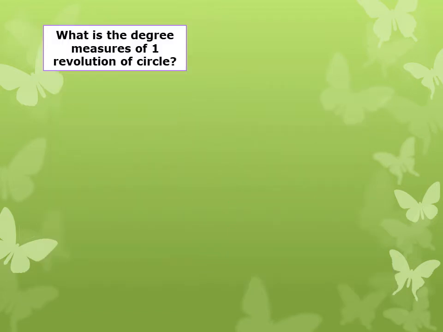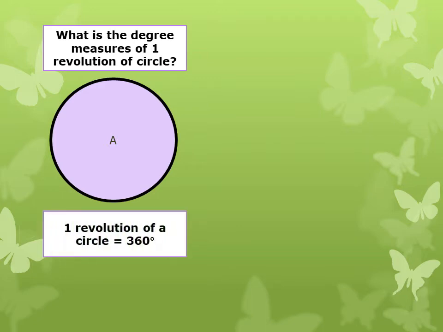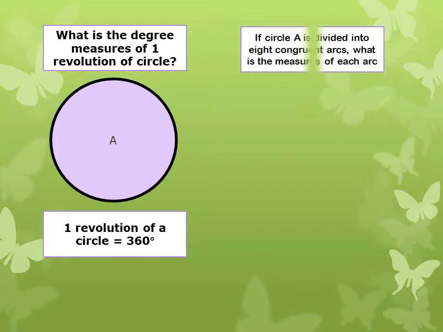What is the degree measure of one revolution of a circle? Correct, it is 360 degrees.